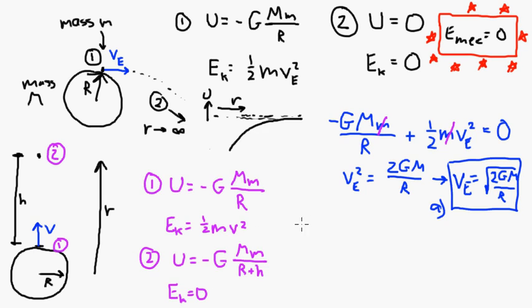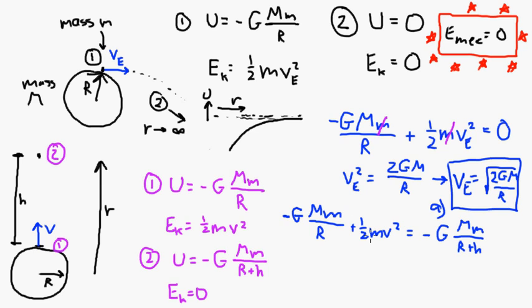So when we do a mechanical energy balance here, what we get from the left side, in blue for this round, is negative G, big M, little m, over R, plus 1/2 mv squared equals negative G, big M, little m, over big R plus h. Pardon the noises there. So what cancels? Our m is going to cancel, just like I told you.